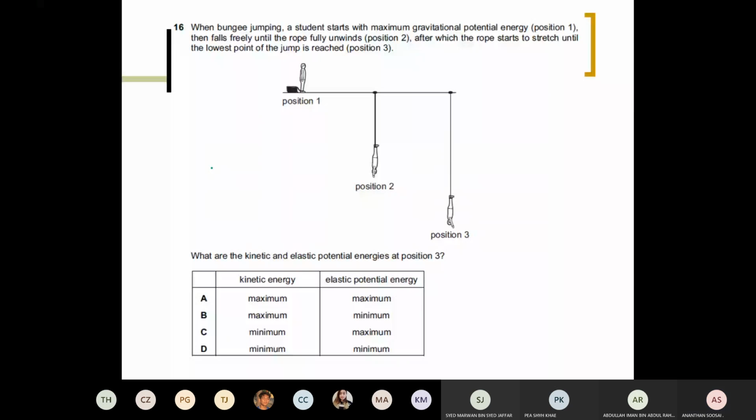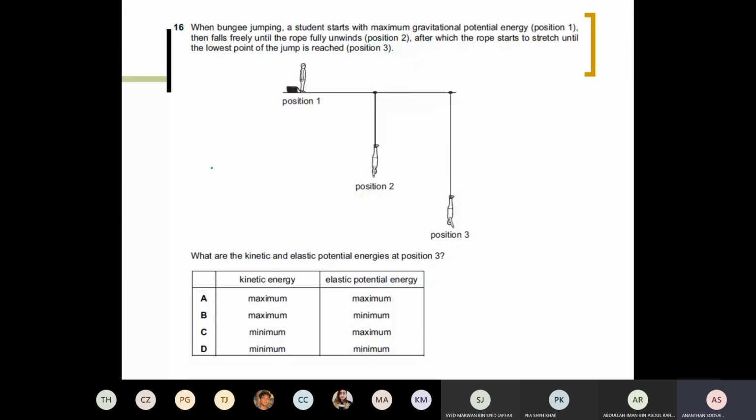At the beginning, it has gravitational potential energy, of course. When you go down, gravitational potential energy is converting to kinetic energy.